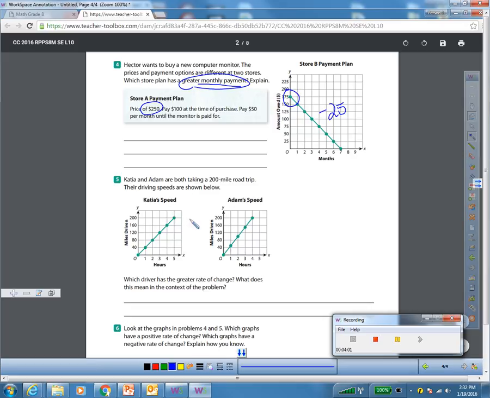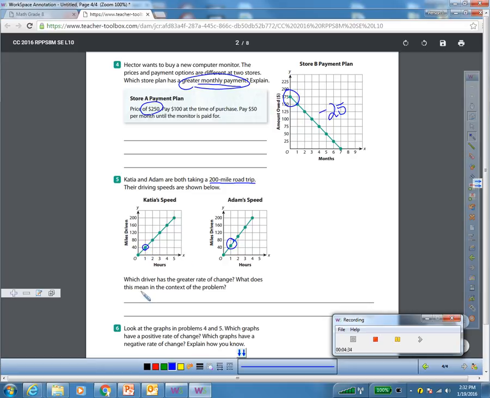Okay? Moving on to number 5. So if you look, we're comparing here. So both are taking a 200-mile road trip, and they're driving at speeds shown down below here. So which driver has the greatest rate of change, and what does this mean in context of the problem? So you're comparing right here, and if you look for 1 hour, it looks like Adam's speed is a little bit more.